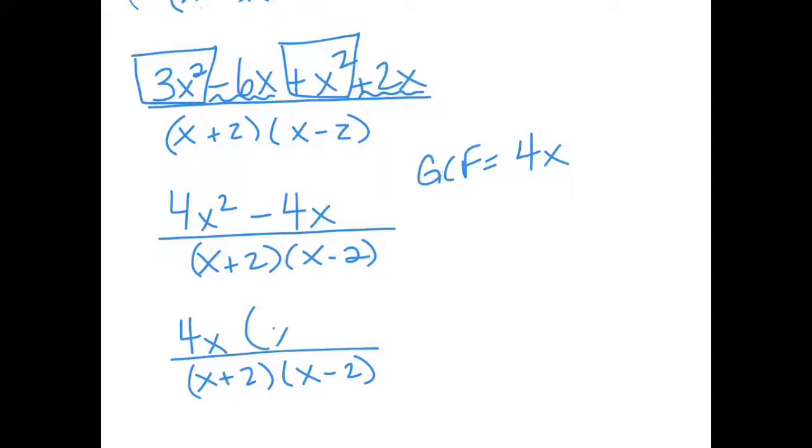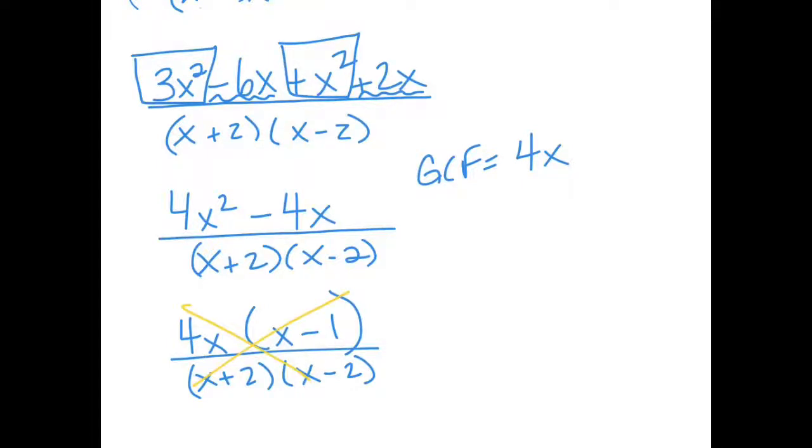That's going to leave me with x minus 1. Now when I factor out my greatest common factor, unfortunately, you can see that none of these expressions can actually be canceled out. I was hoping that I could cancel a couple out and that would simplify my expression even further, but because it can't be simplified any further than this, that's not going to work.